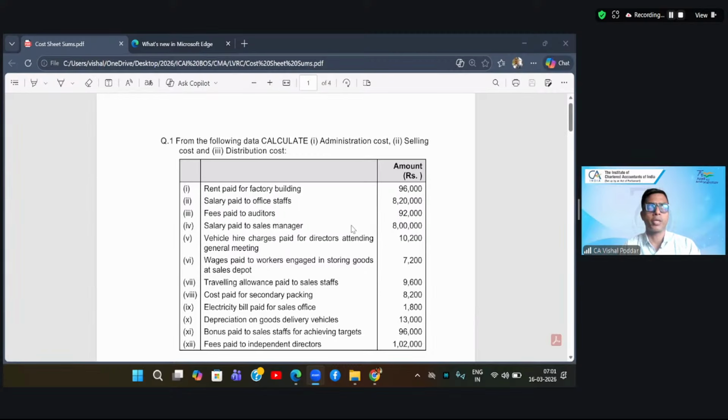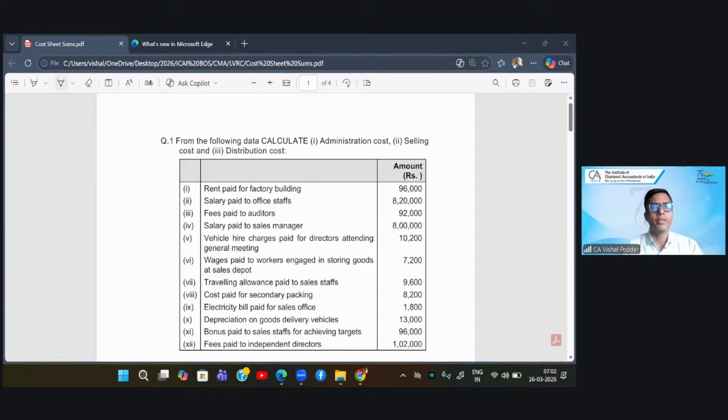Now, what is costing? Costing is the ascertainment of cost. When you are ascertaining cost, you have to present that cost in a proper format. That format is what is called a cost sheet, and this is our today's topic of revision.